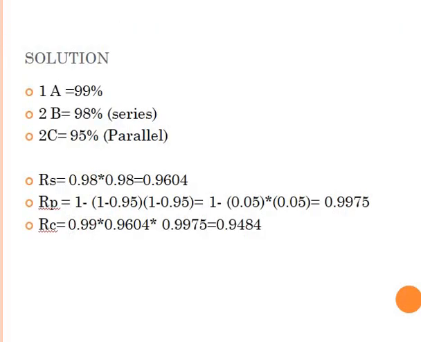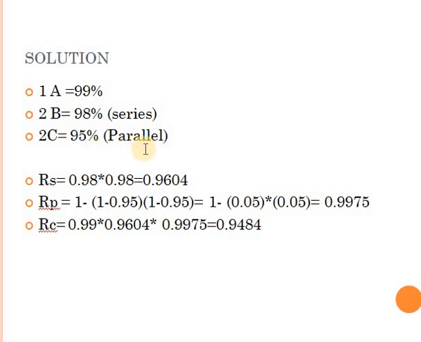So let's suppose I chose one component of A with the reliability of 99%, and I chose two components of B, both of the 98% reliability. And with respect to the component C, I chose both of them to have the reliability of 95%. Now remember, the components C are arranged in parallel.